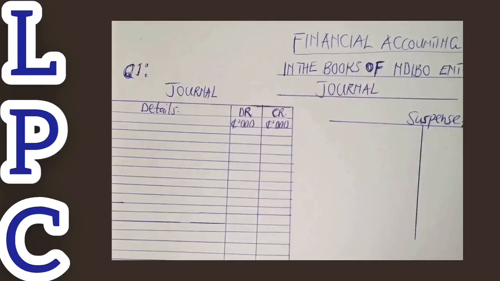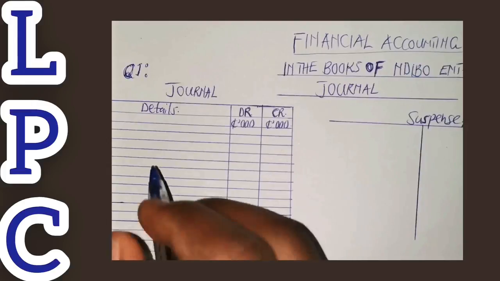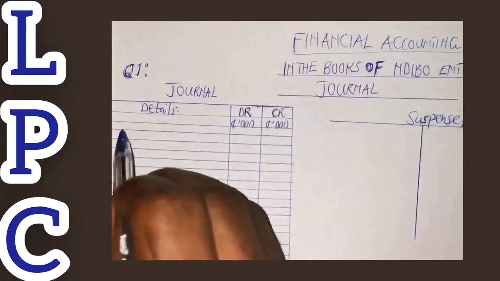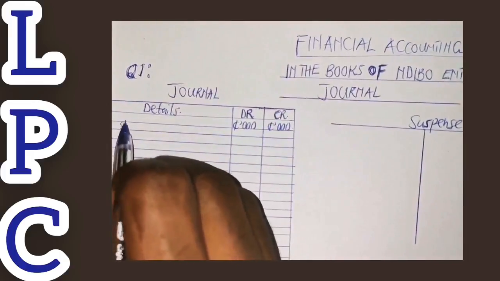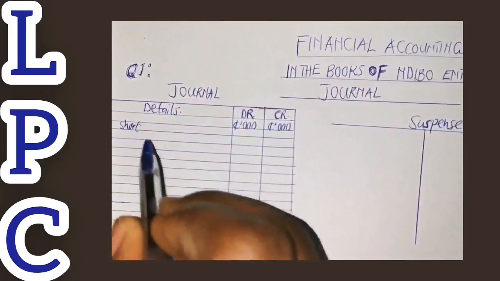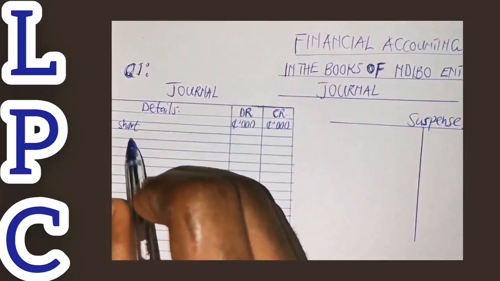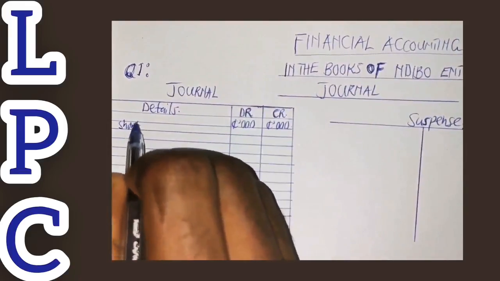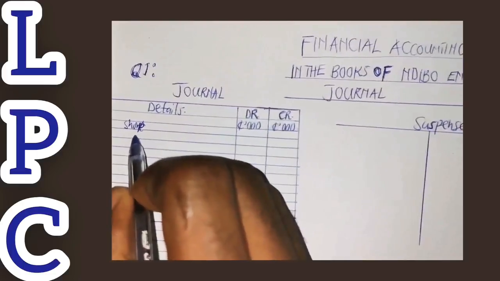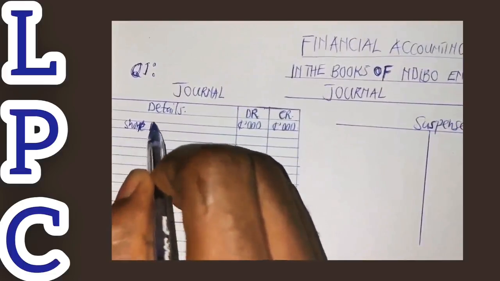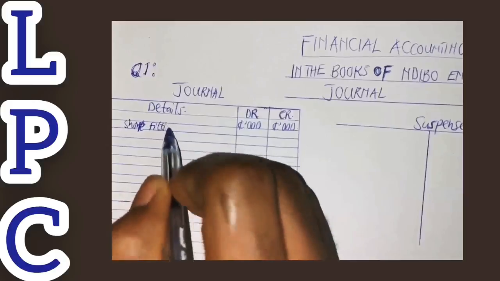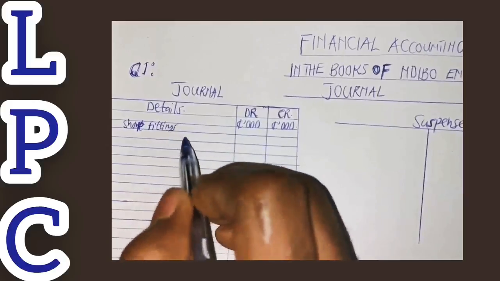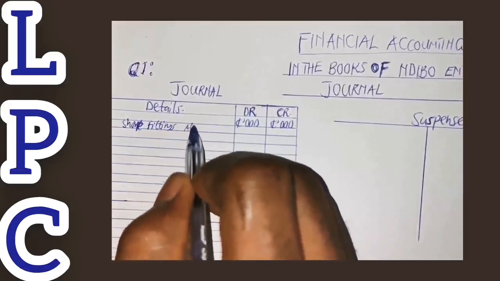So here I'm going to record the 60, because in the shop fittings account the asset has been reduced, so you need to add back to it so that you get the correct value of the asset. I'm going to have here the shop fittings account.